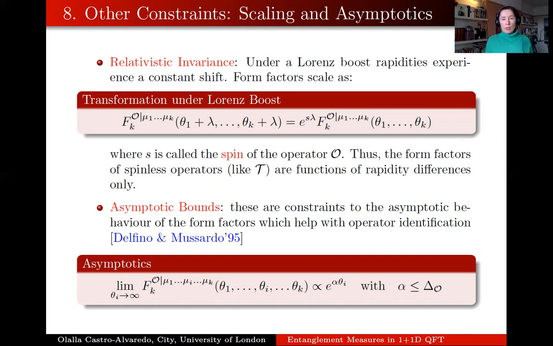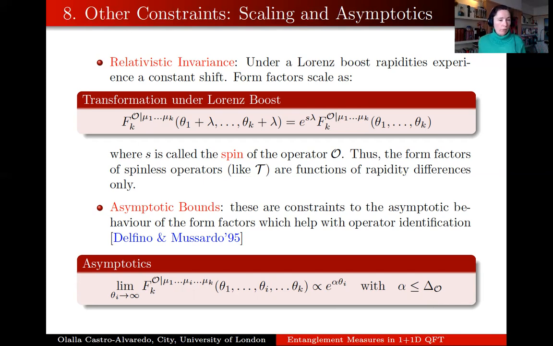Another property that's quite useful is a constraint on how much these form factors can diverge if you make a rapidity very large. This property was studied by Delfino and Mussardo in the 90s, and they gave an argument, not a proof, but quite a good argument, as to why a form factor of some local field cannot diverge faster than the conformal dimension of that field.